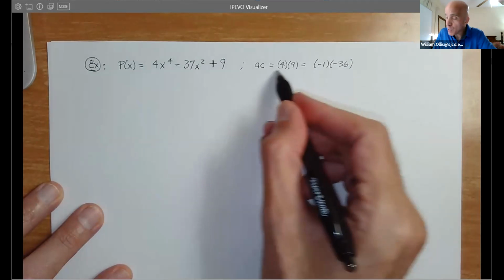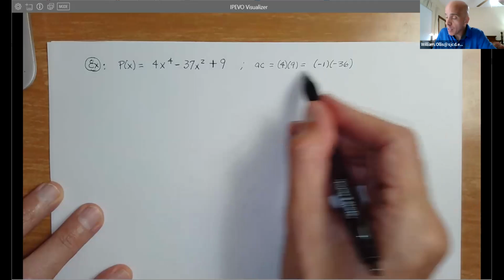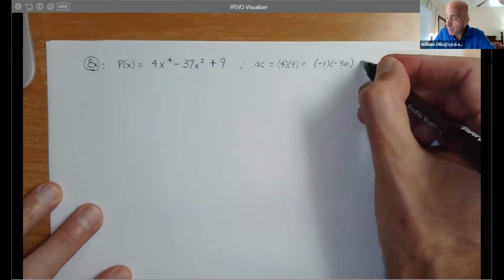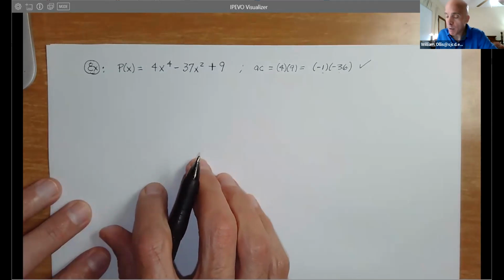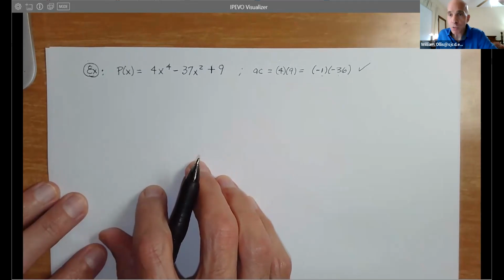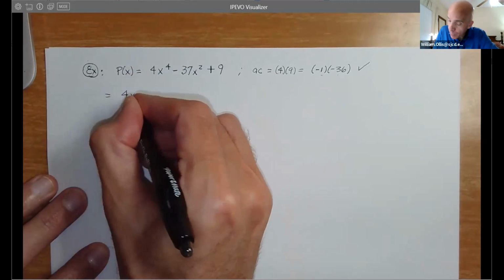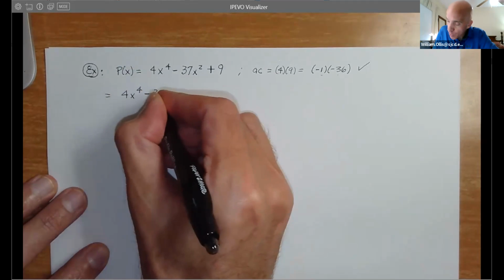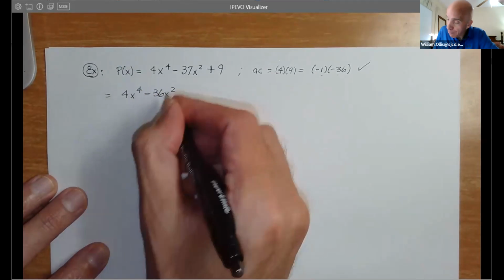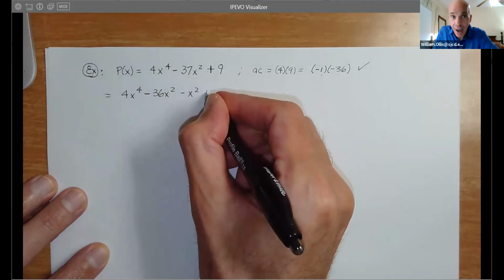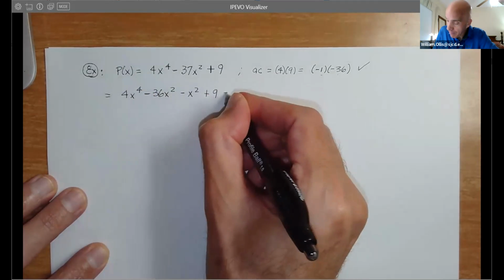So that's going to give us the 36 that we need. And then of course the sum of the Z and W is the -37. So that's a quick way to factor this polynomial just by the method of Professor Ron's AC lemma. So now we'll do 4x to the 4th minus 36x squared minus x squared plus 9.